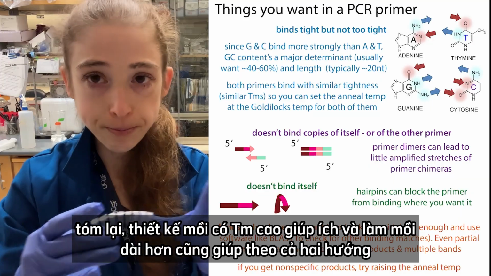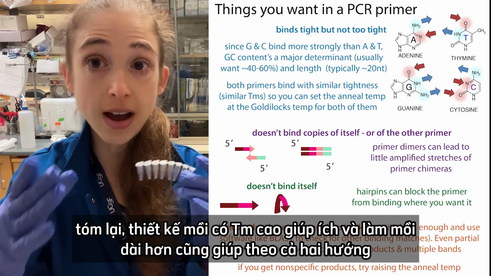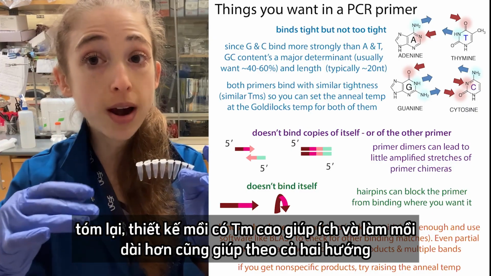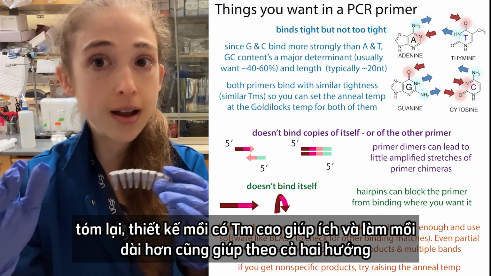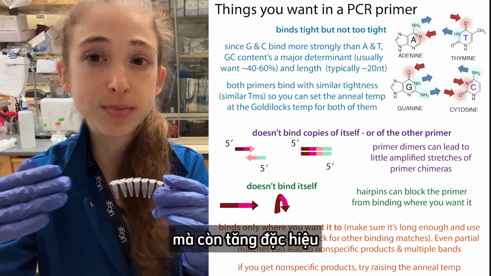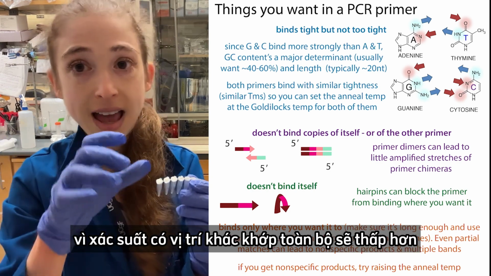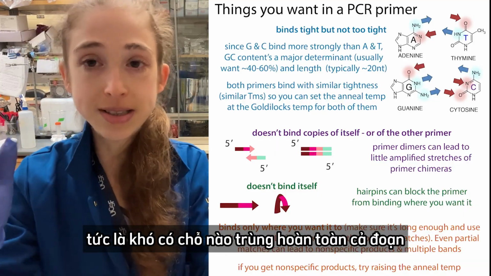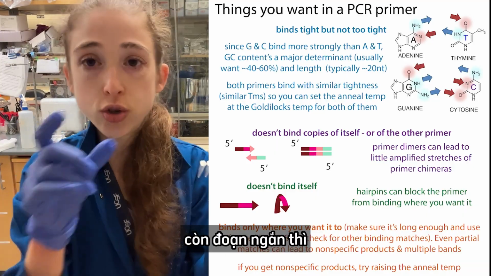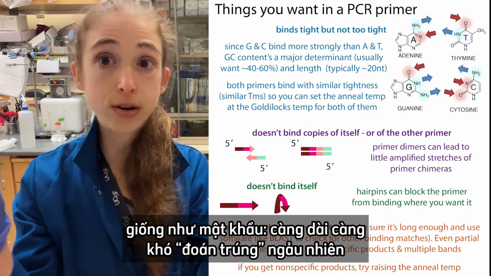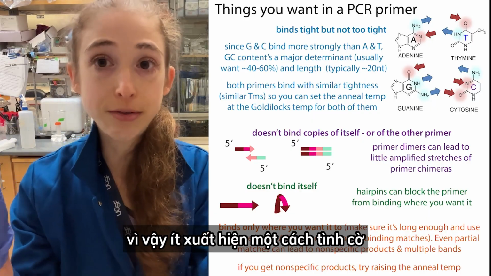So if you design your primer to have a higher TM, this can help with that. Making your primer longer not only helps the TM, but it can help the specificity, because it's less likely that there are going to be other sites that have that whole sequence match. That's kind of like why passwords are better if they're longer, because they're harder to randomly guess.